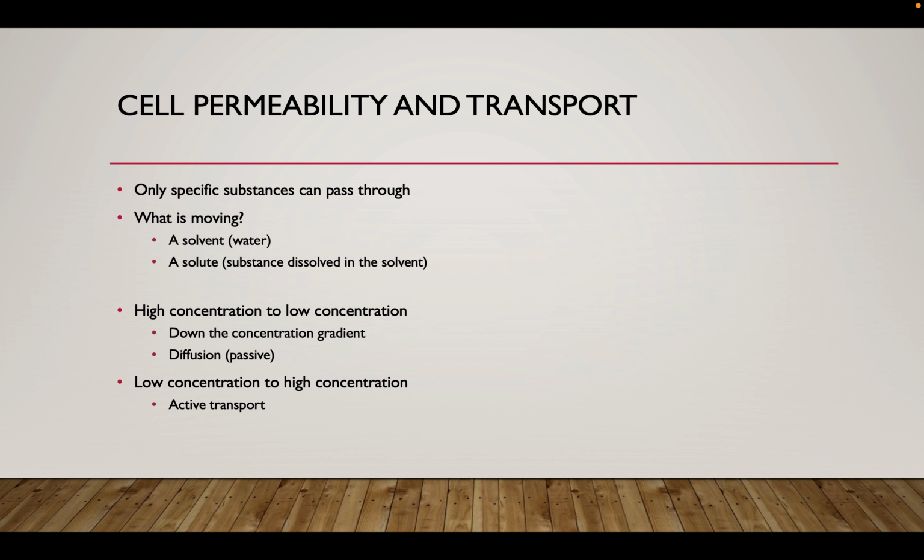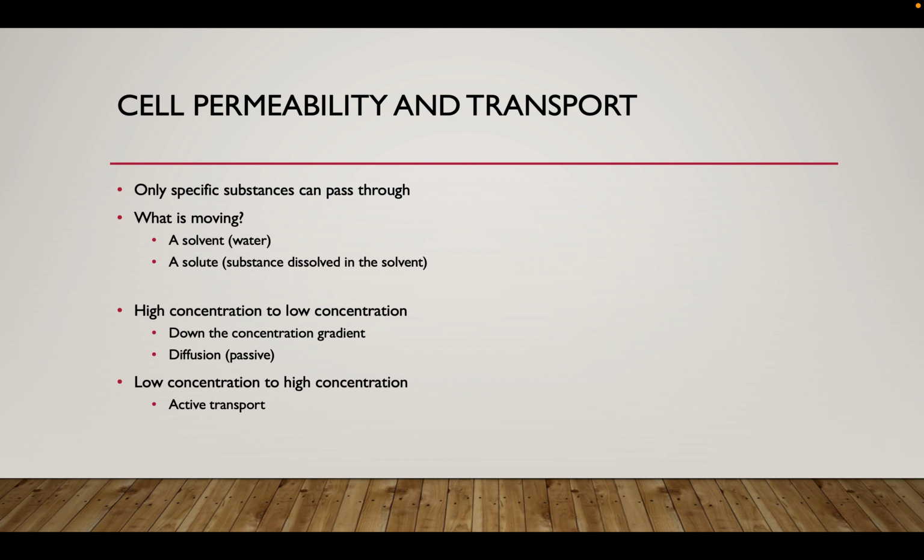Think of a very crowded, small room. If somebody opens the door, the tendency is for people to start moving out, from where they're highly concentrated to somewhere less concentrated. That's this idea of passive transport, or diffusion, moving down.